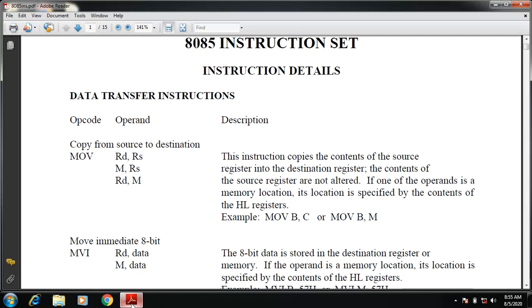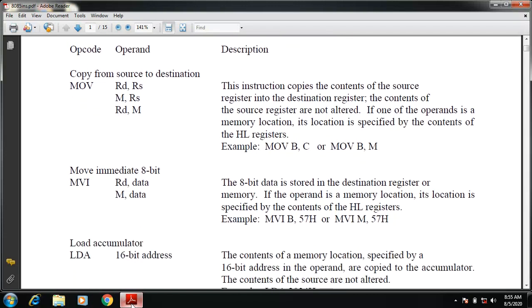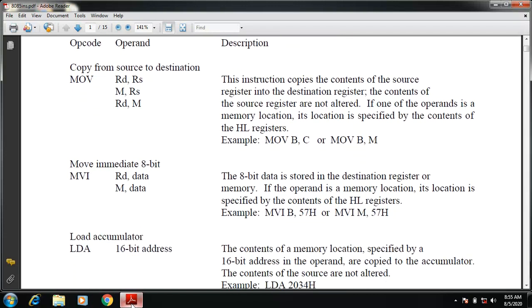Okay, next, the second one, MVI, move immediate 8-bit. That means the immediate data is moved or copied to the specified register.